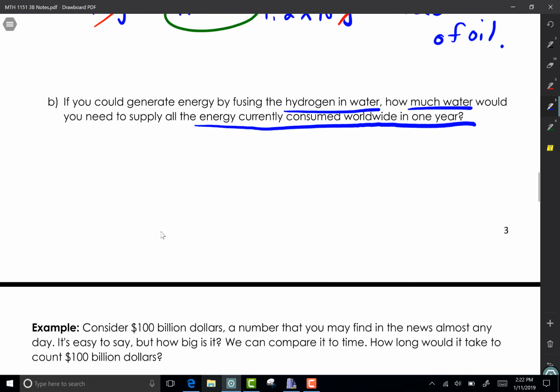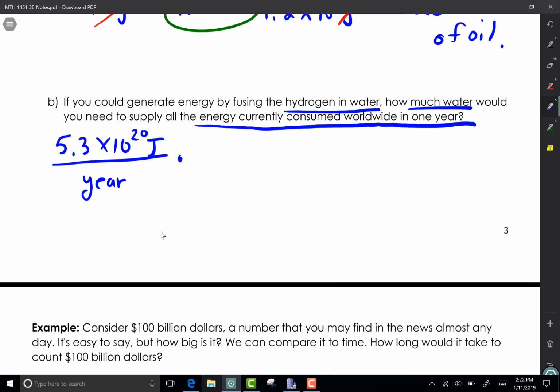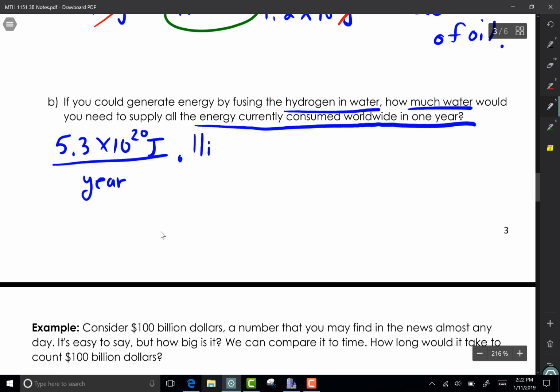So we're going to come down here. We're going to start off with the joules or energy for the world per year. So that's 5.3 times 10 to the 20th joules per year. I want to change that to liters of water. And the table says for every 1 liter of water, it generates 6.9 times 10 to the 13th joules of energy.